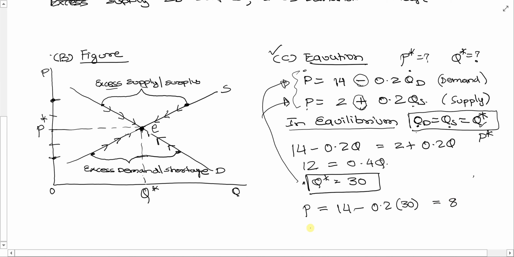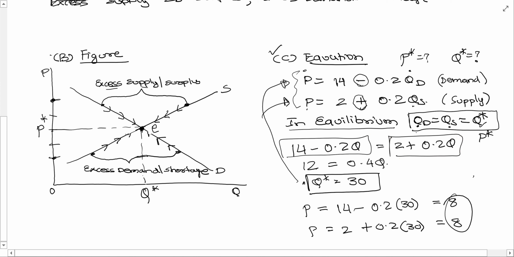And had you put this in the supply equation, 2 plus 0.2 times 30, you would still end up getting 8. Of course, you'll get the same number, obviously. That's how you started: you started with the condition that this price and this price are the same. So you'll end up getting the same price, which also makes intuitive sense. So equilibrium price in this scenario is 8 and equilibrium quantity is 30.